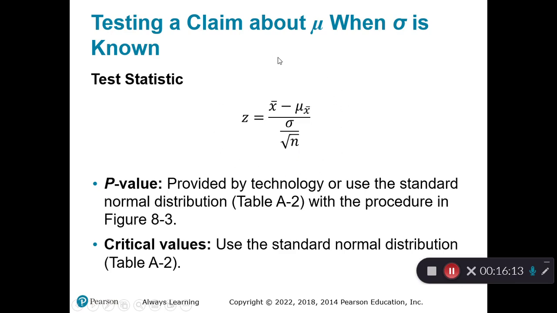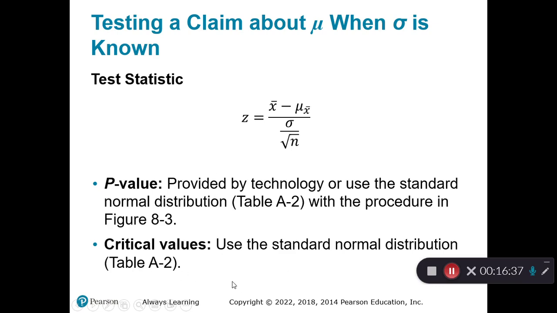This is the only difference in the procedure, other than p-values can be obtained through your TI-83 or 84 calculators, but I think by now most of us are comfortable using table A2 with those negative and positive z-scores. Critical values in the critical region can be found using table A2.